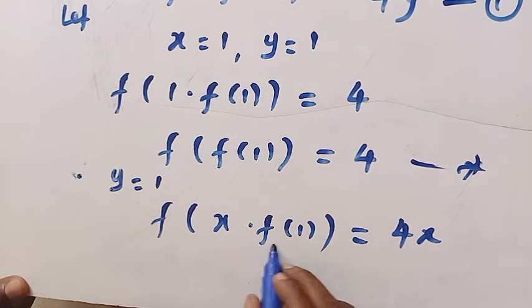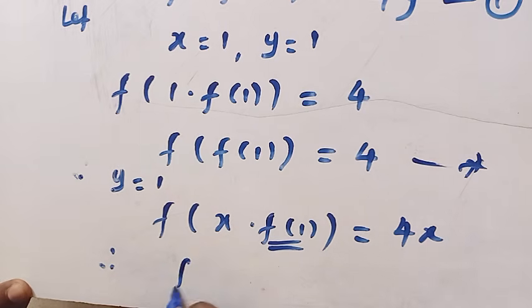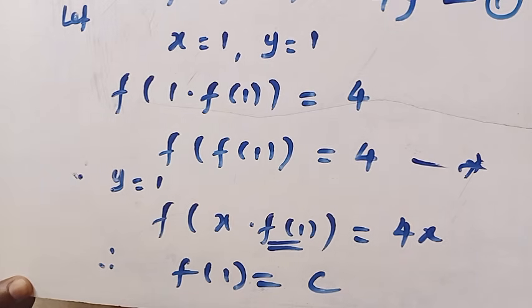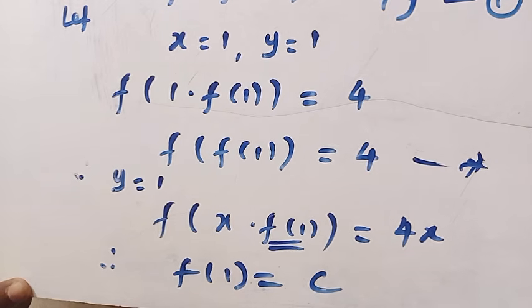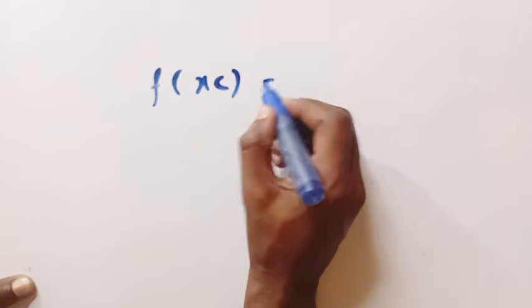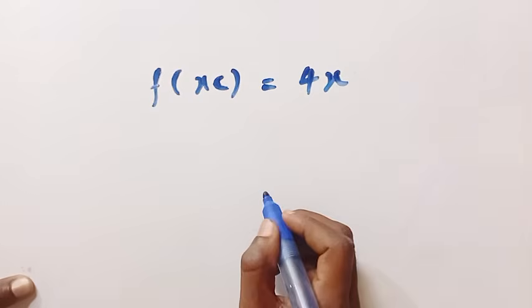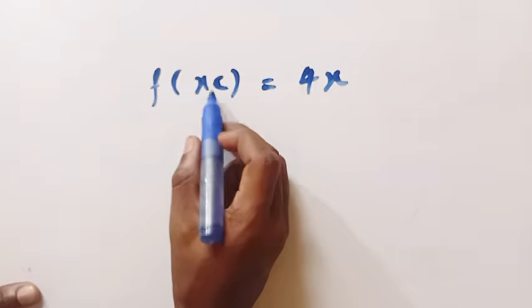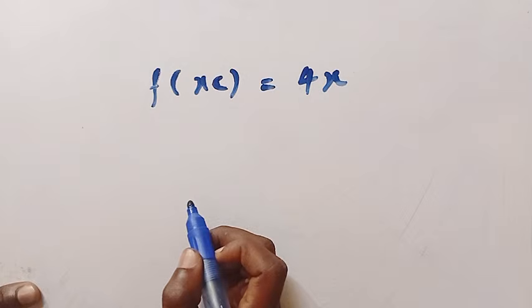Suppose f(1) here is a constant, setting f(1) equal to c, or any constant value, let's say m. Then we are going to replace this here. After setting f(1) equals c, what we got is f(x) c equals 4x. But we need to make this in a very simple form.